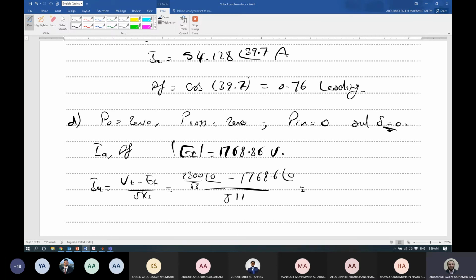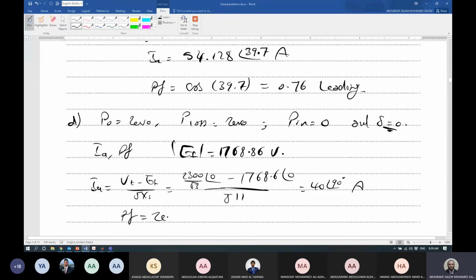The vector will be IA equals 40 at 90 degrees. So it's 40 ampere at angle 90 degrees. So what it means now, guys, what is the power factor here? Power factor is 0.